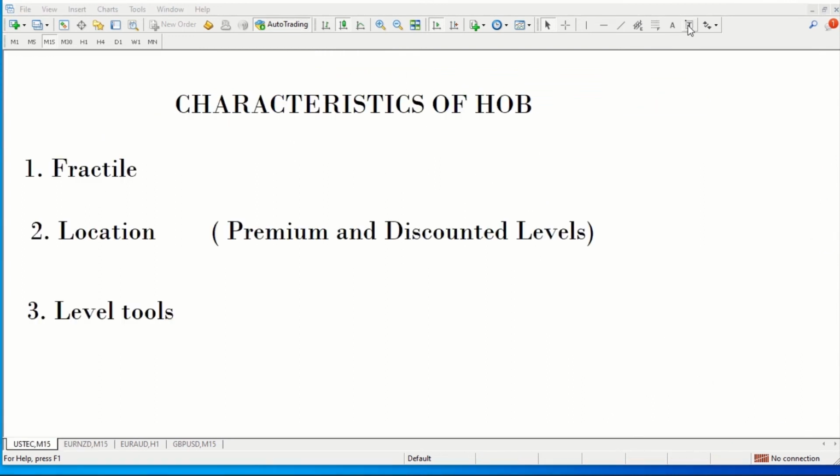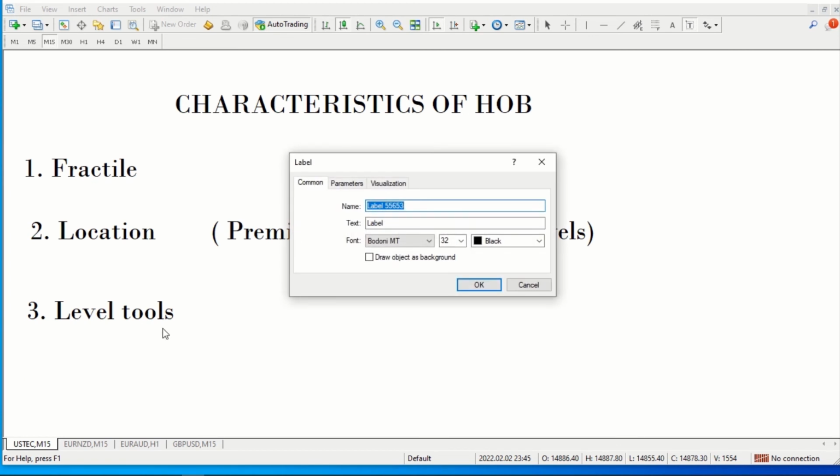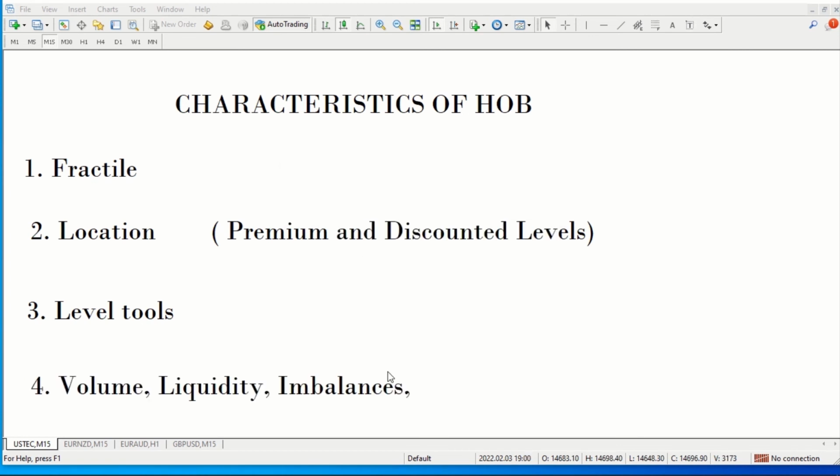Now I will touch on the last characteristic because I don't want to make this video long. The fourth characteristic is that a high probability order block must have high volume, liquidity, imbalances, and market structure. Order blocks that don't have these characteristics, never trade them, because if you trade them, you can't maximize profit.